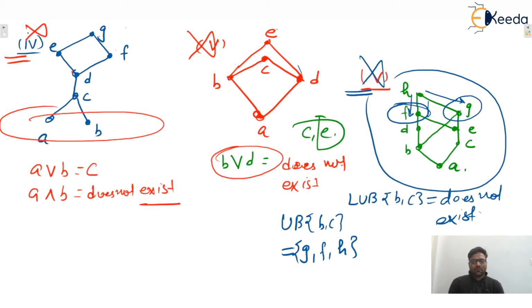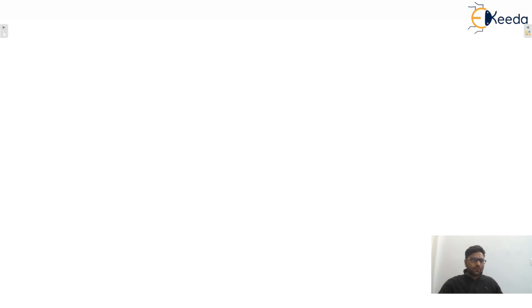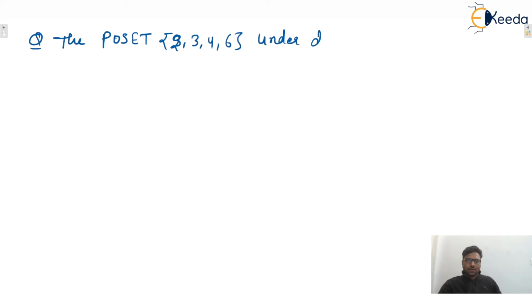So lattice means for every pair of elements, the supremum and infimum must exist. Let us take one more example. Let us consider the poset 2, 3, 4, 6 under divisibility. It is not a lattice.